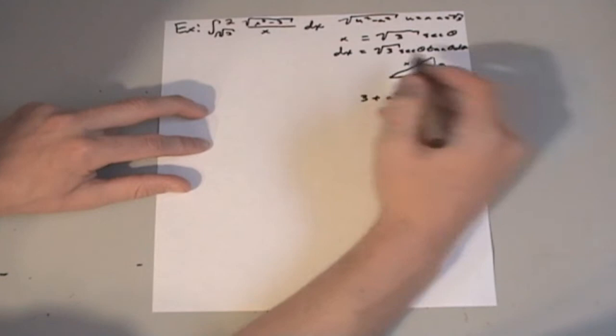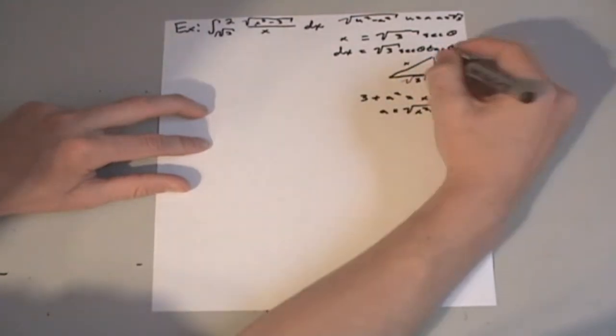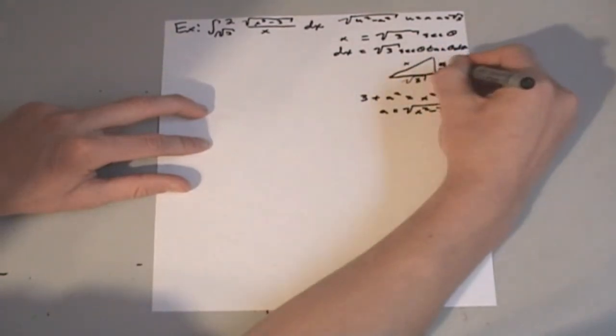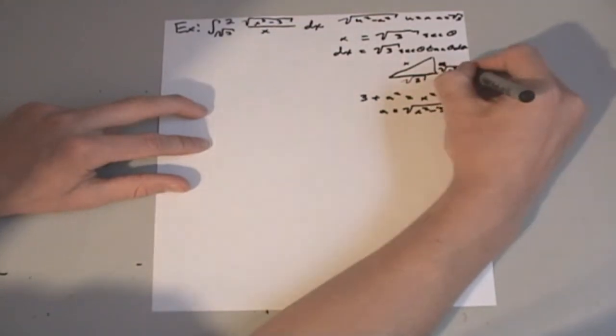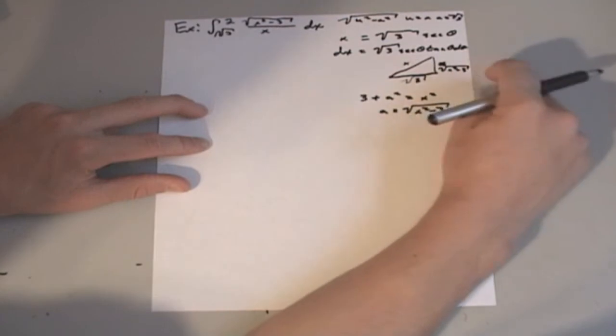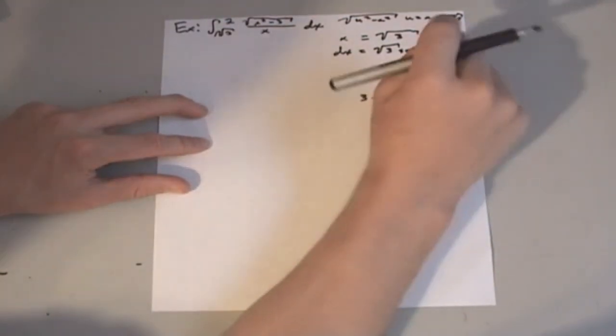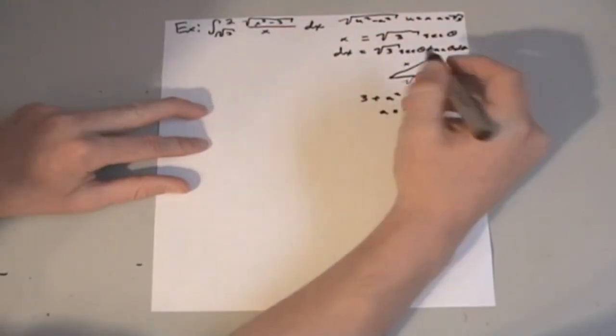So now we need to find an equation that will include a trig function and the square root of x squared minus 3 without including an additional variable, because we've already replaced it, we don't need anything more to replace it with.